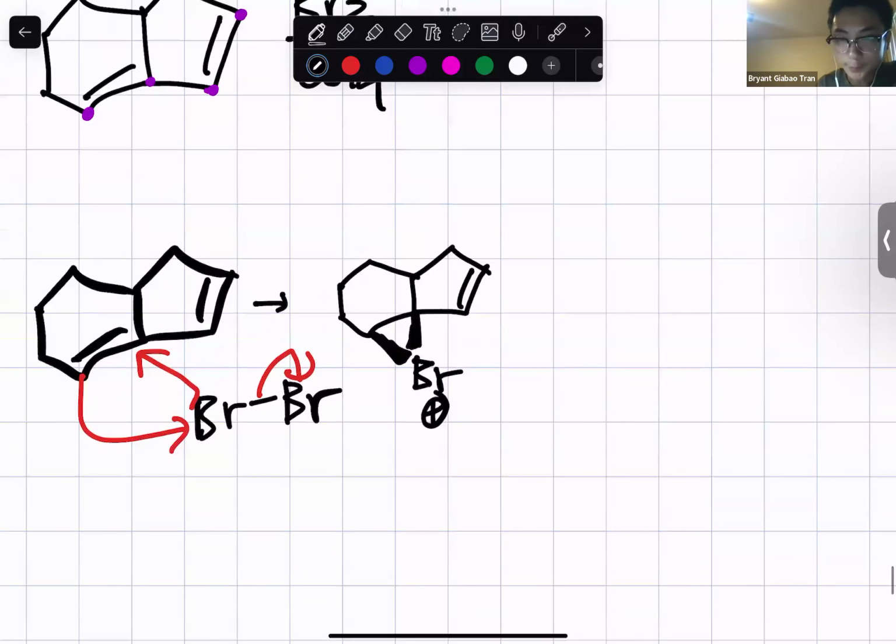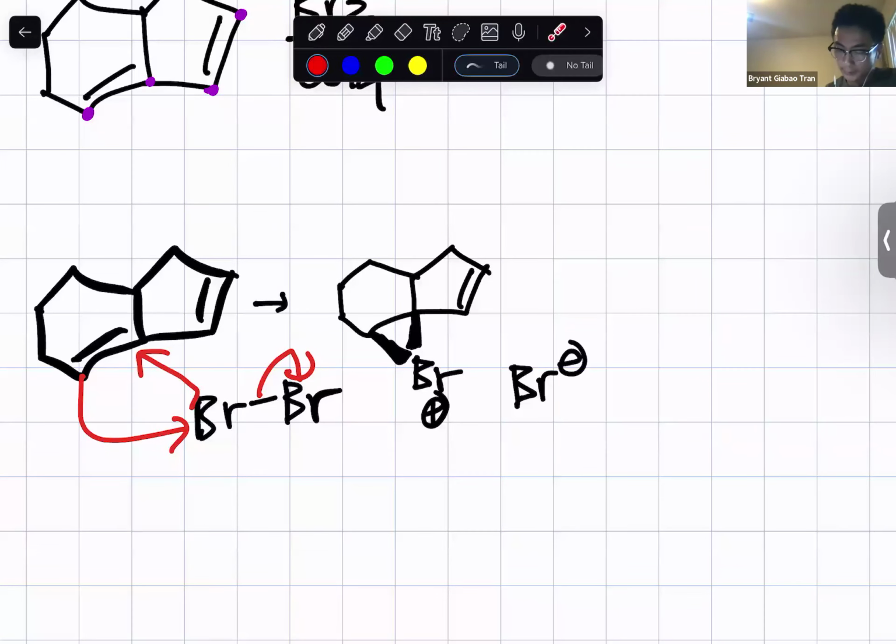Okay, so you know how back in chapter 12, the Br minus will attack the more substituted side of the carbocation right away and break open the bromonium ion like that. In this chapter here, that will not happen first.